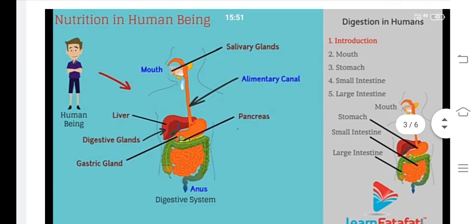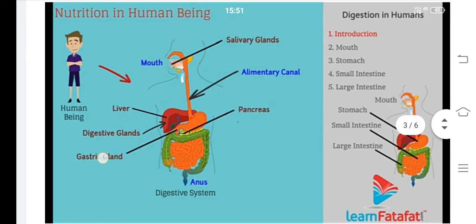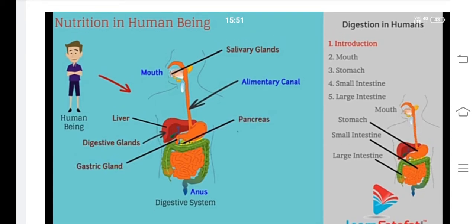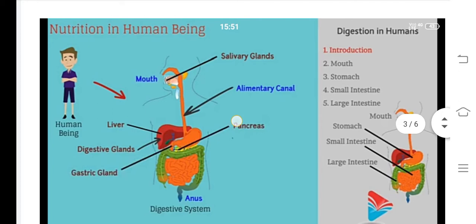Usually in adults, the length of this alimentary canal is 8 to 10 meters. The digestive glands include salivary glands, liver, pancreas, and gastric glands.